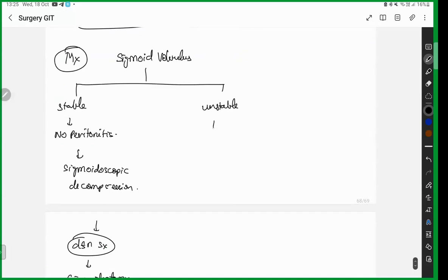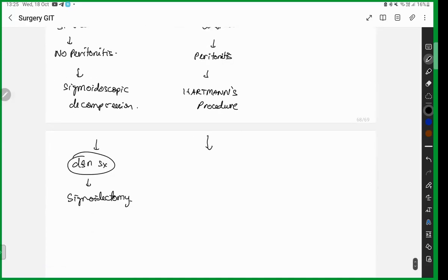If the patient is unstable and has peritonitis, what will you do? You go for Hartmann's procedure. What do you do in Hartmann's procedure? Number one, you resect the perforated segment.